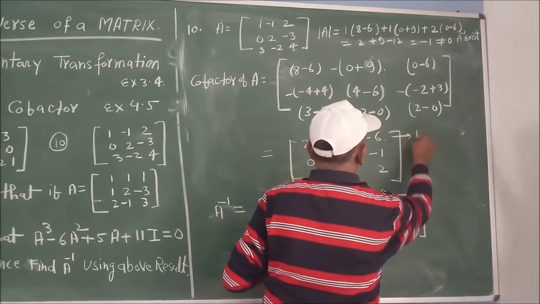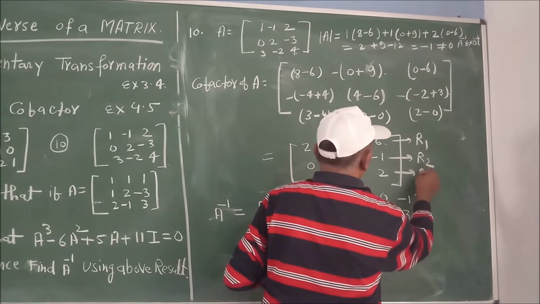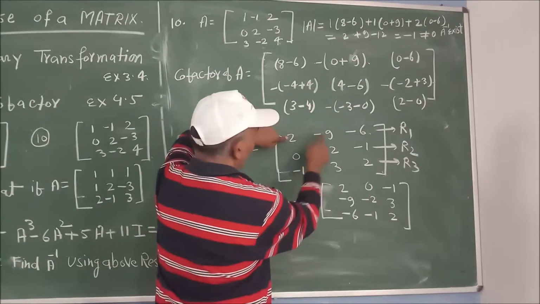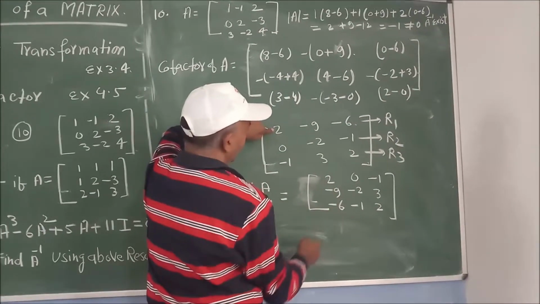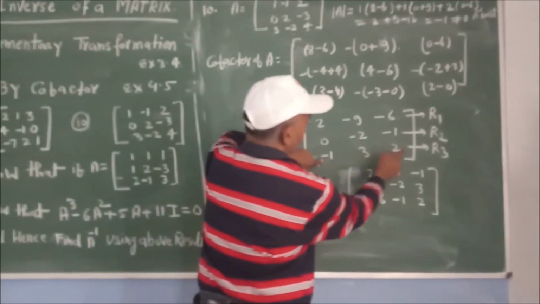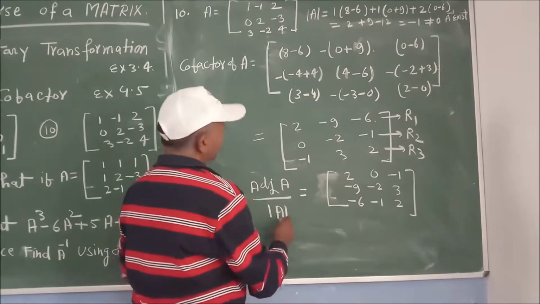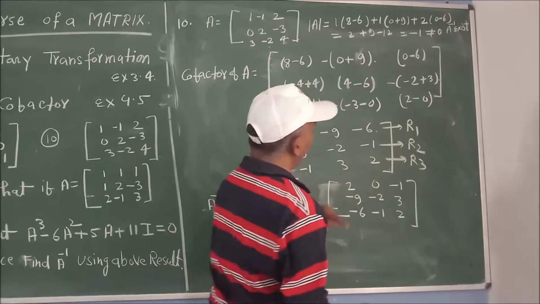So this is your R1, here is R2, and this is your R3. So R1 is changed to C1: 2 minus 9 minus 6, 0 minus 2 minus 1, minus 1 3 2. So this is your adjoint of A divided by determinant of A. Determinant of A you have already calculated.